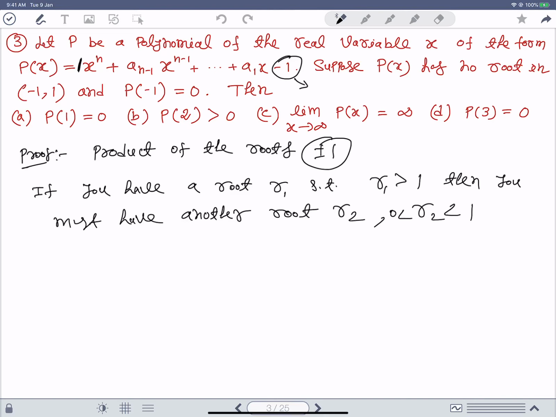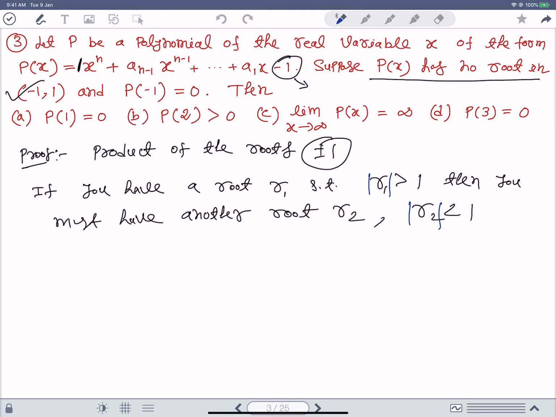Now it is given that the polynomial does not have any root between minus 1 and 1. So what does it mean? That means you do not have any root which is bigger than 1. In fact, if you have a root r1 such that the modulus of r1 is less than 1, then you should have another root r2 such that the modulus of r2 is less than 1, otherwise the product will not be plus or minus 1.